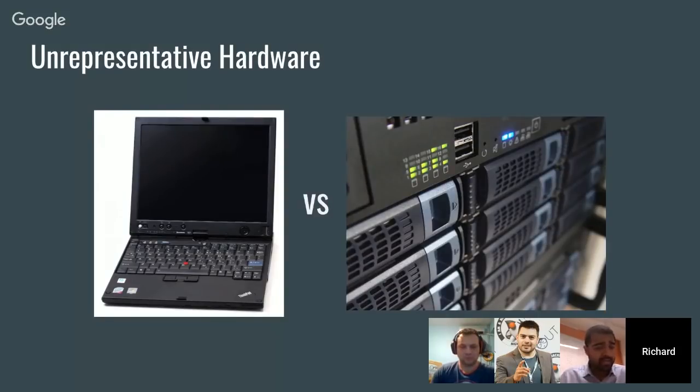You may never hit some of the race conditions you actually hit in a server environment. Likewise, if you have, say, server grade enterprise SSDs that are able to do millions of IOPS, you'll notice a shift away from IO related bottlenecks to CPU bottlenecks that might not manifest themselves in a development environment. So if you're not testing on the same hardware, you may not actually be seeing the same bottlenecks.